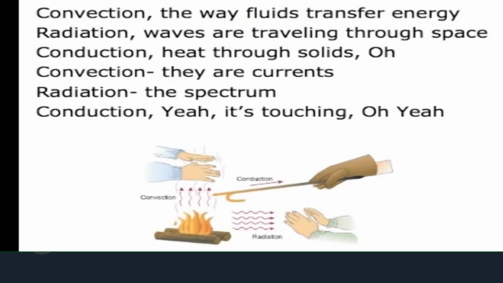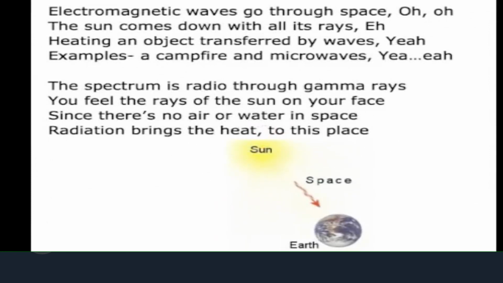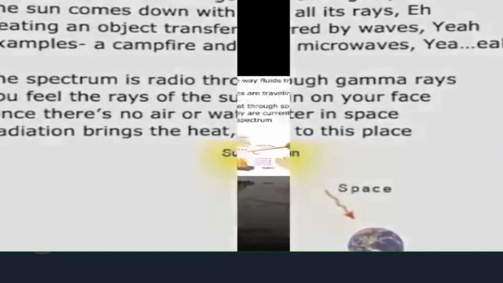Electromagnetic waves go through space. The sun comes down with all of its rays, heating an object by waves. Examples are campfire, microwave, spectrum, radio, gamma rays. You feel the rays of the sun on your face, there's no air in space, radiation brings the heat to display.